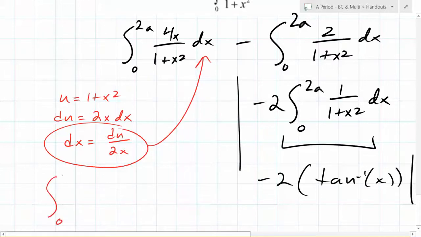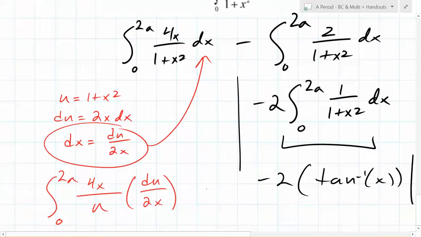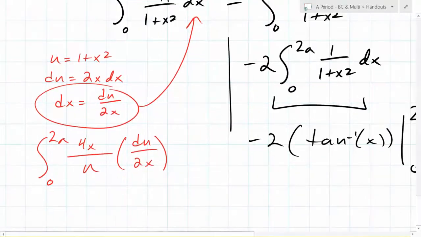The integral from 0 to 2a of 4x over, instead of 1 plus x squared, what are we writing? U, and instead of dx, what are we writing? Du over 2x. What's the magical thing that this whole exercise allows us to do?